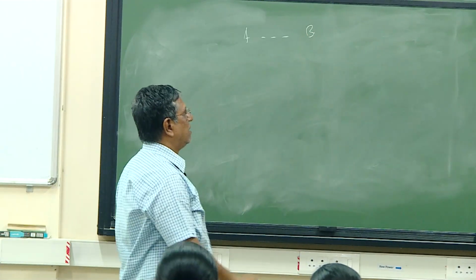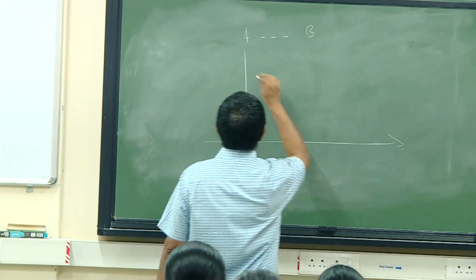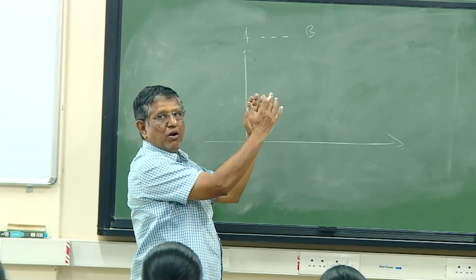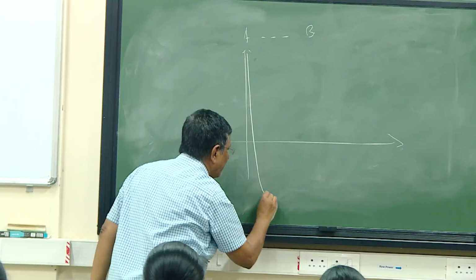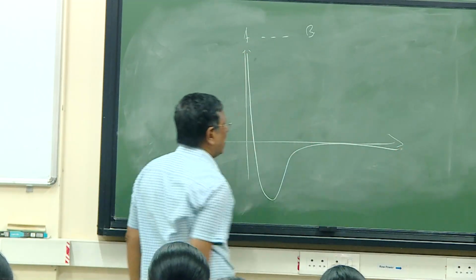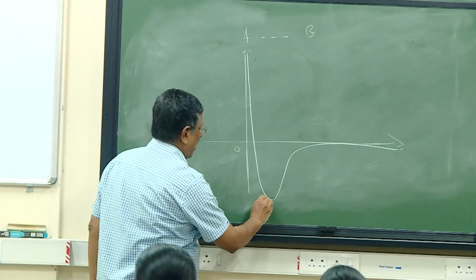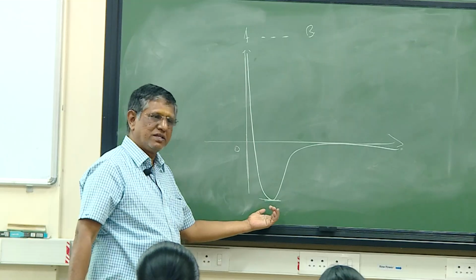Now I plot this. Now when I compress this beyond a particular point, then this is the repulsive portion. This is 0 and this is the minimum on the potential energy surface.